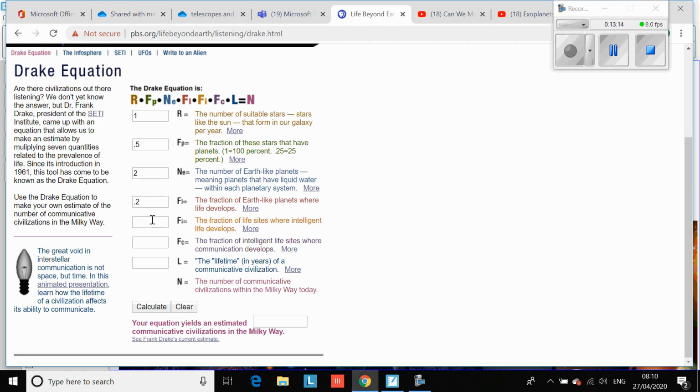Now, this is difficult because it's a total guess. How inevitable, how likely were humans? Are we just a fluke of evolution, or is intelligence inevitable? So let's just say intelligence is quite a hard thing. I'm going to say if you've got life, only a 10% chance of it ever evolving into intelligent life.